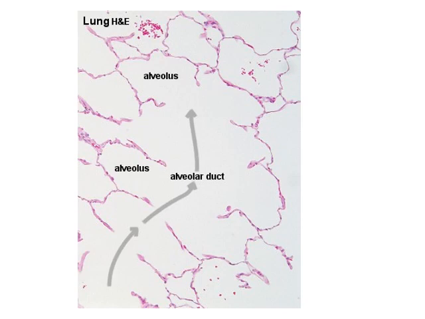Okay, and also you will see cross sections of capillaries. So if you see this view, then you know that it is the lung parenchyma or the lung tissue as we call it. Okay, so this is the H&E section. This is a low power view.